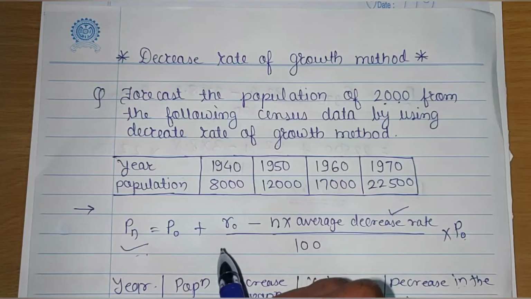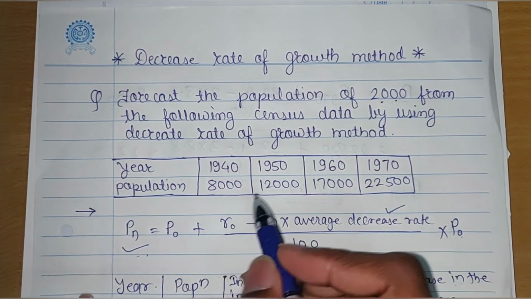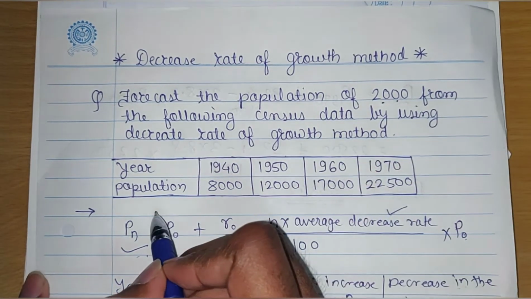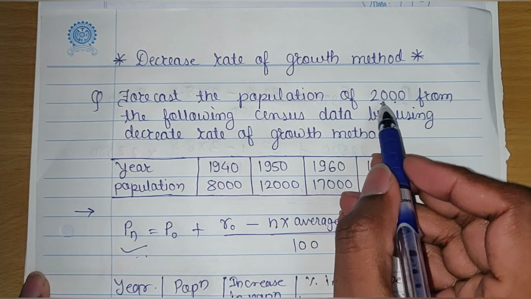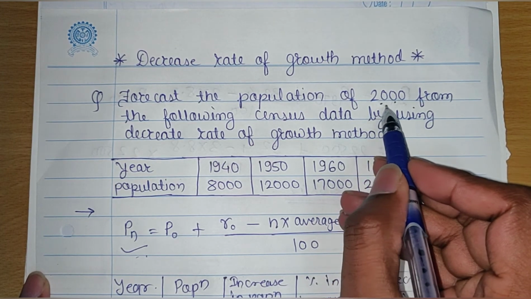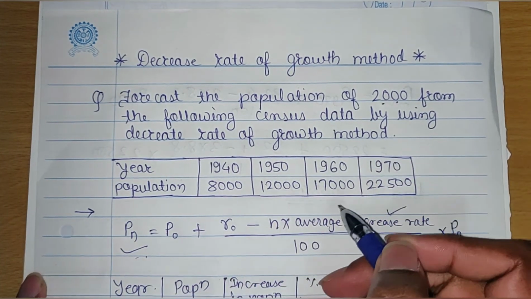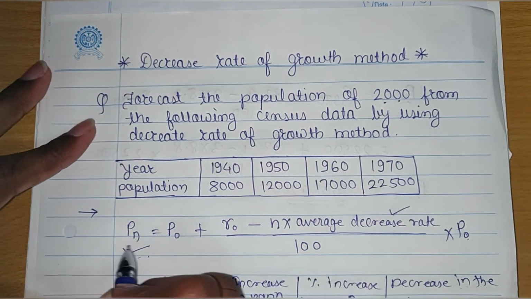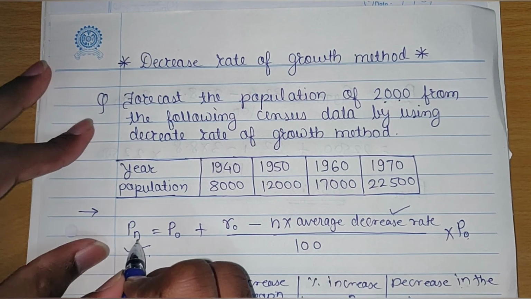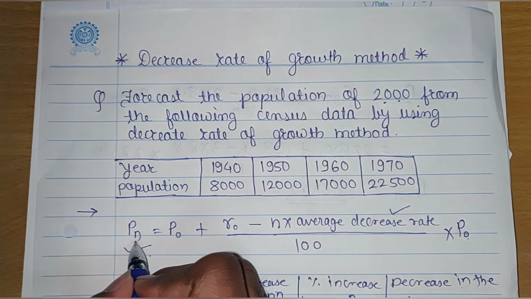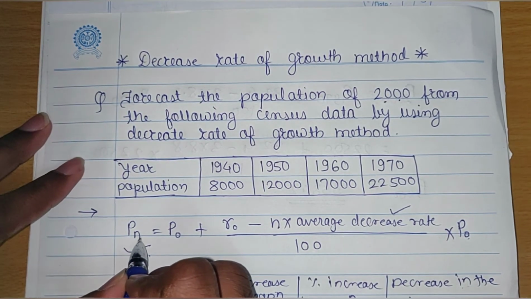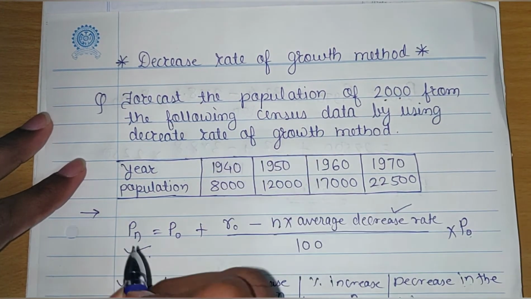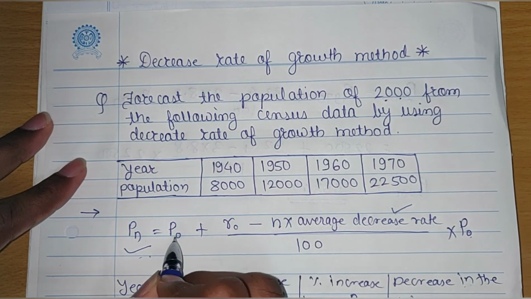Okay, I will explain this formula again. Even if we want to find the population of 2000, we cannot find it directly. First we have to find the population of 1980, then 1990, and then 2000, because in this formula, if the Pn value is P2000, then the P naught value would be P1990, not 1970.